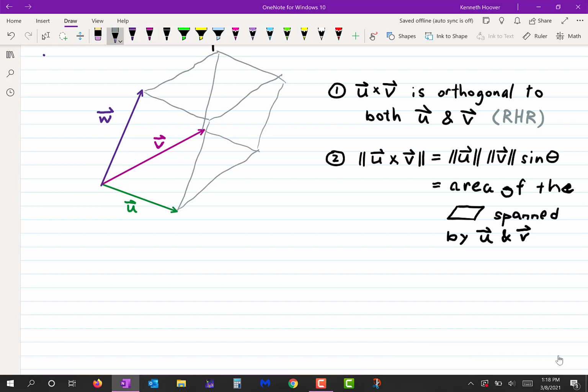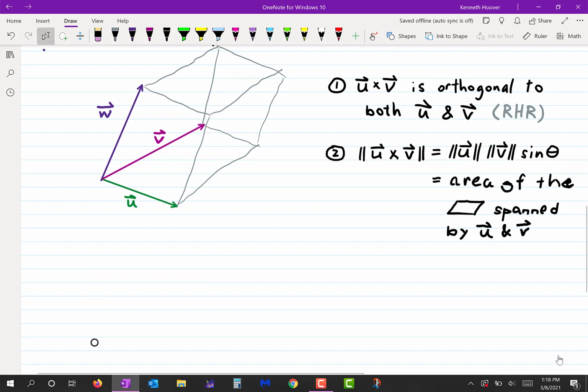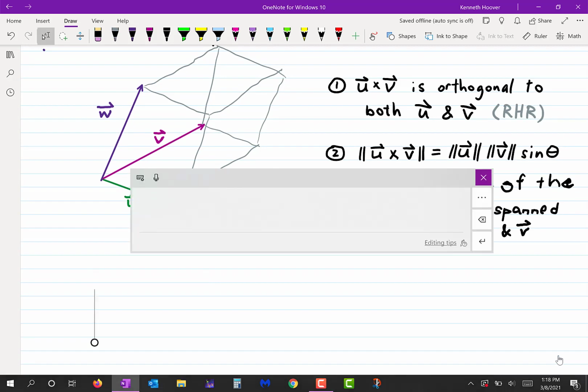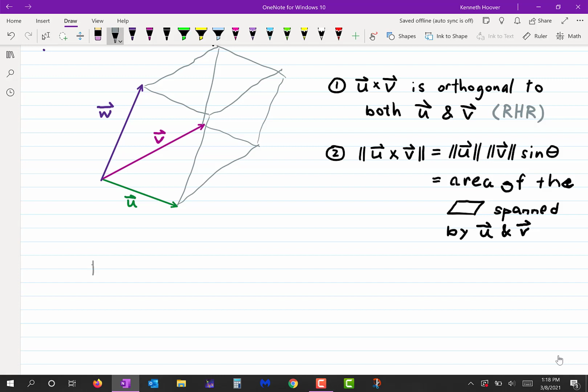Okay, you see that shape there? That is called a parallelepiped, spelled like this. Parallelepiped. Spanned by u, v, and w.